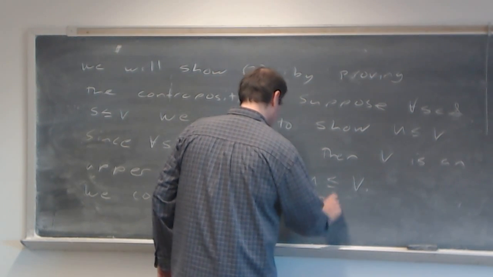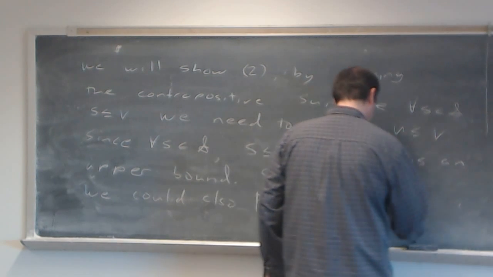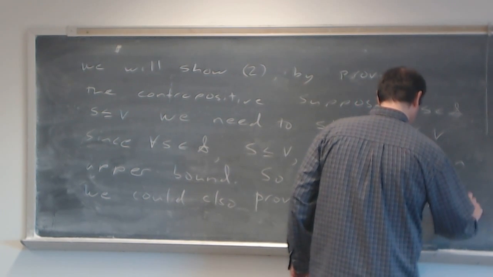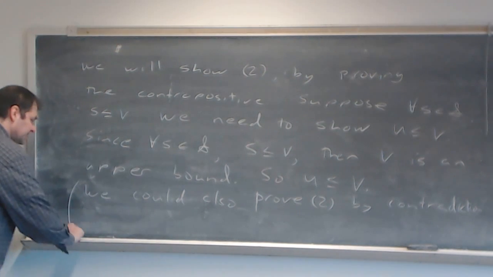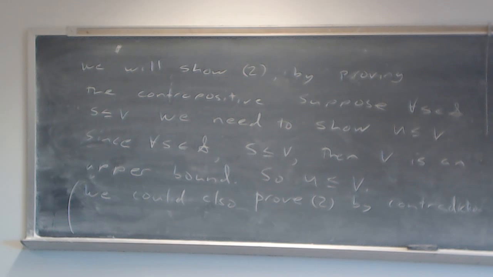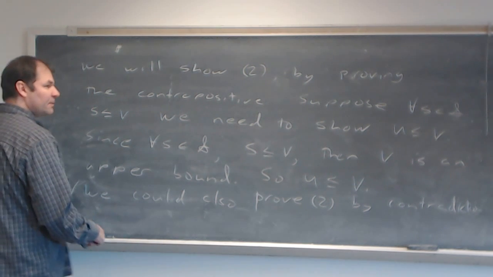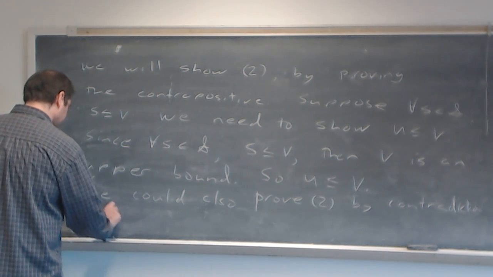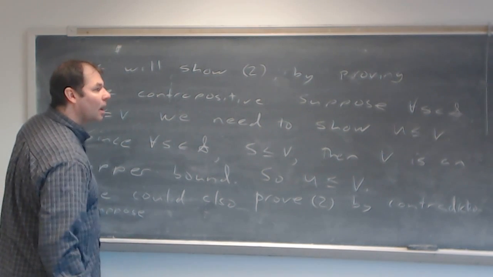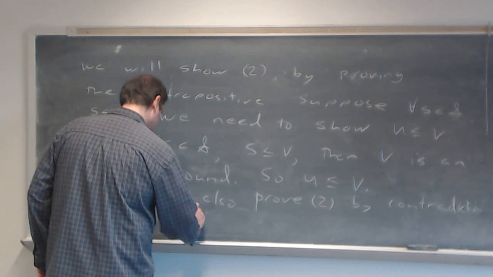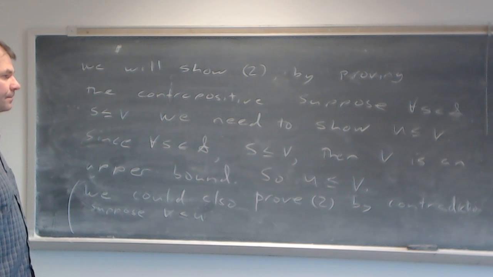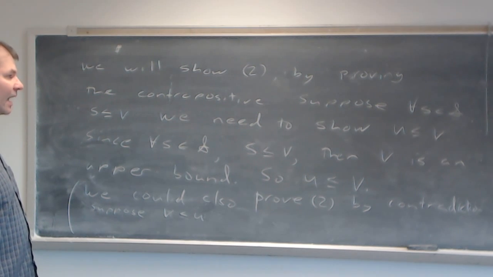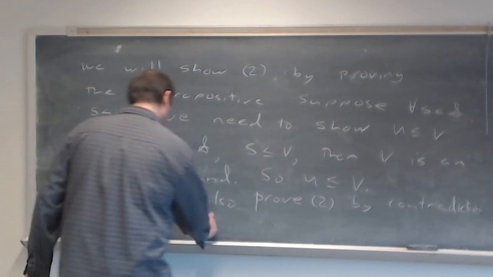Prove part 2 by contradiction. So here, I'm going to put this in parentheses because this isn't necessary. But how do we prove it by contradiction? We suppose the if part. So suppose V is less than U, and the opposite of what we wanted to show.